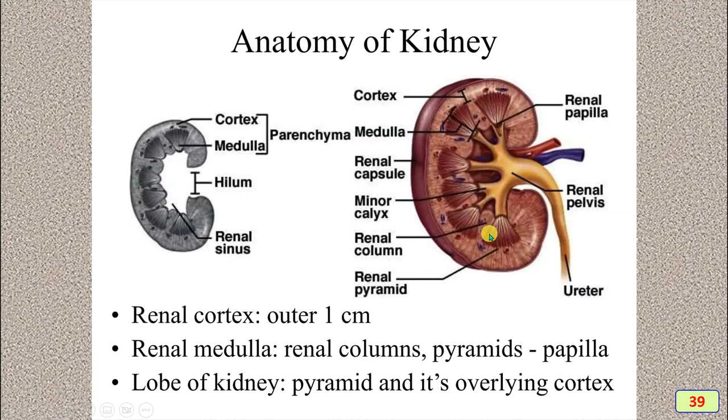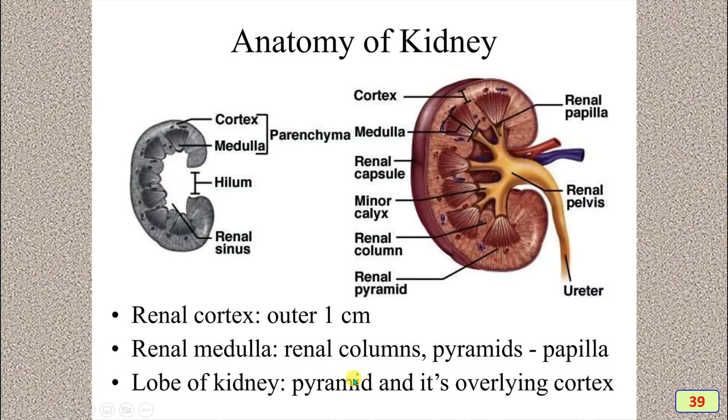Between the renal pyramids there will be a renal column. The renal pelvis is where the urine is temporarily collected before passing through the ureter to the urinary bladder.